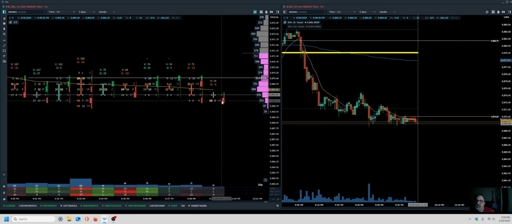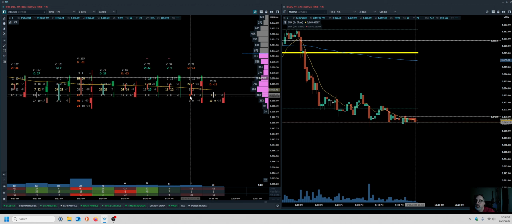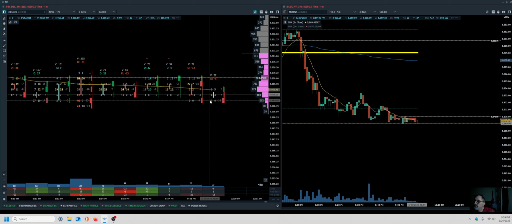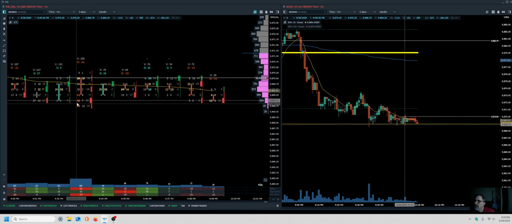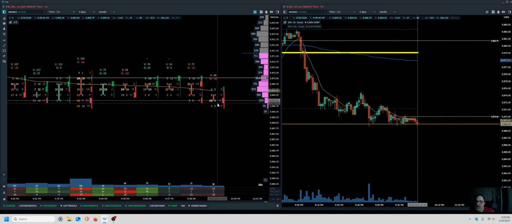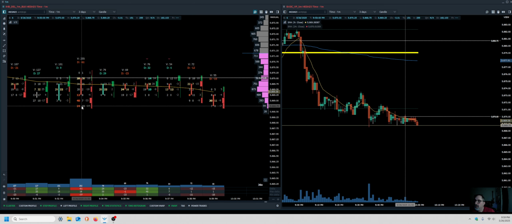So the point of control is below. We have sellers here. You have a selling imbalance here. These sellers are happier that the price action is below them. Now remember, this could act as resistance.